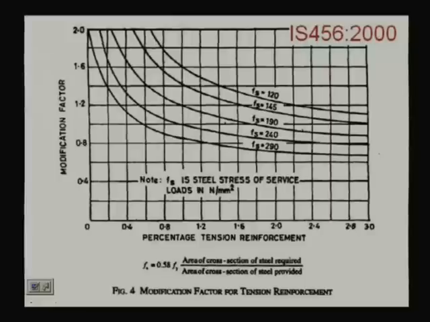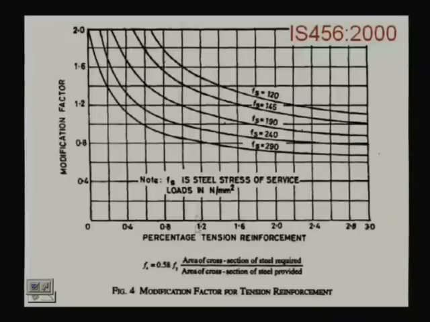So, for 0.373%, there are so many stress levels, Fs: 120, 145, 190, 240, 290, but it is not directly related to the Fe 415. We have to do a certain kind of modification.